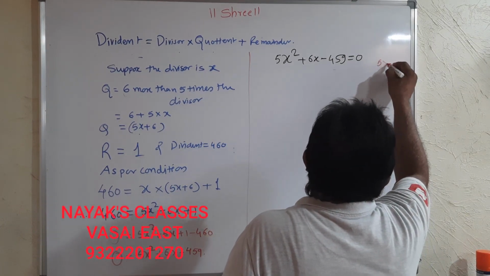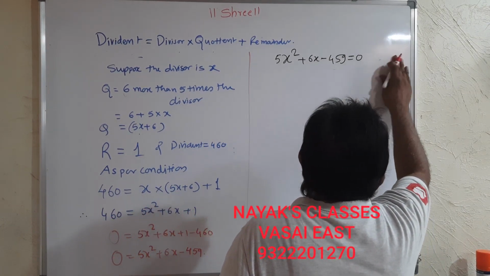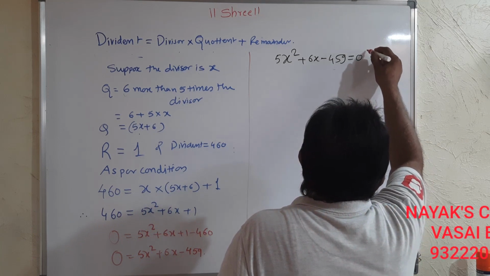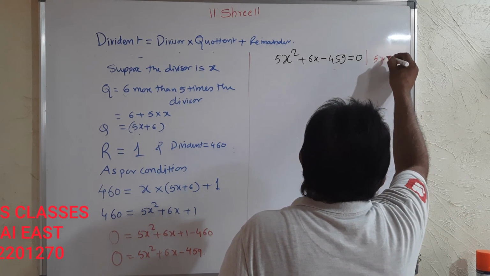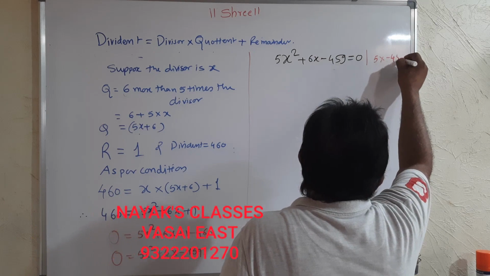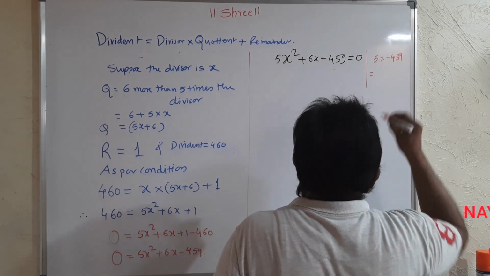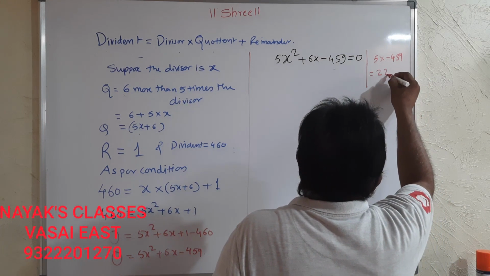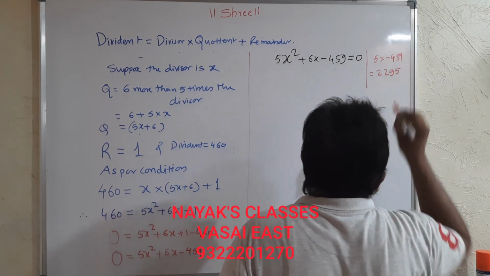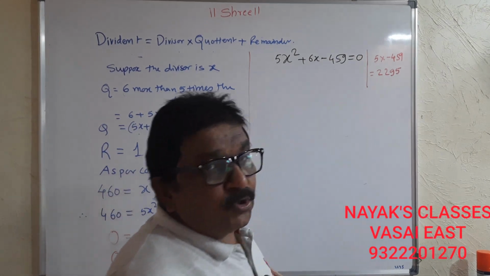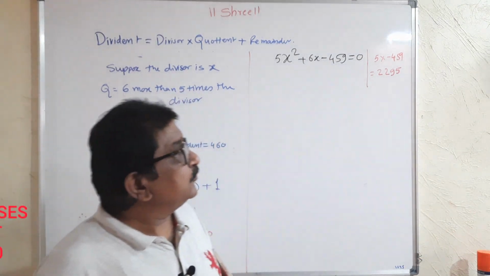So 5 into minus 459 is equal to minus 2295.